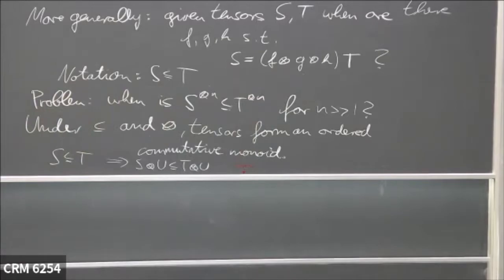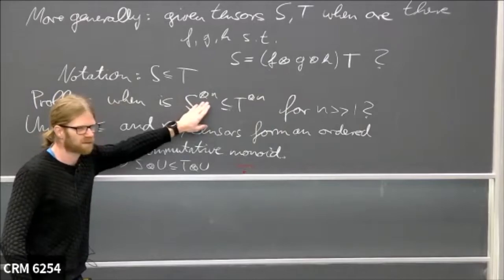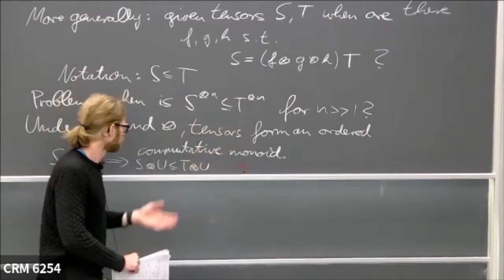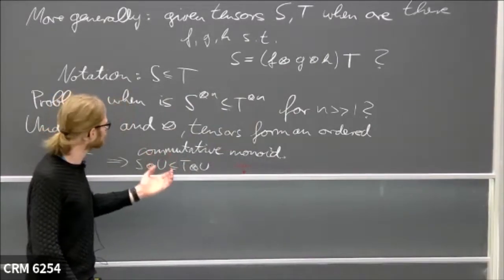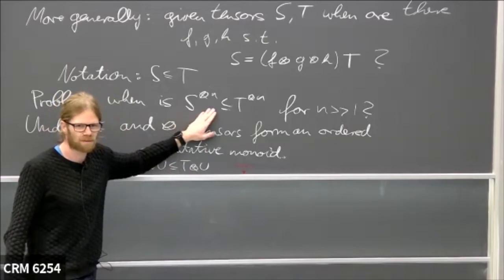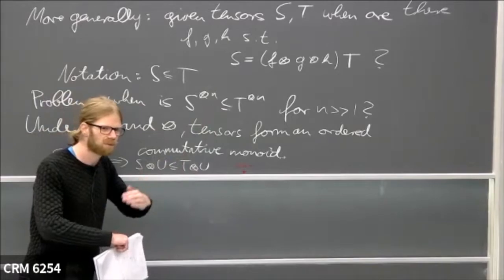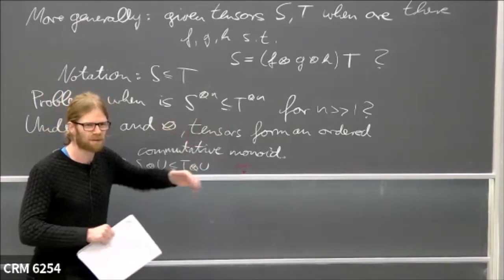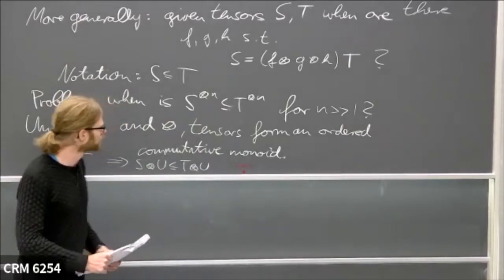Okay, so now we can ask ourselves, this kind of question we can formulate for any ordered commutative monoid. When we're given elements S and T, under what conditions does this sort of thing hold? And maybe we could hope that there is some sort of duality theory that tells us this holds if and only if we have some kind of simpler inequalities that are simpler to analyze.